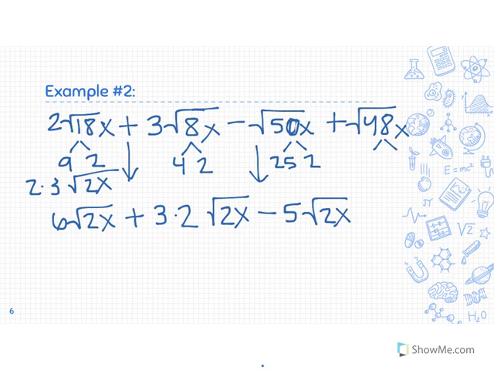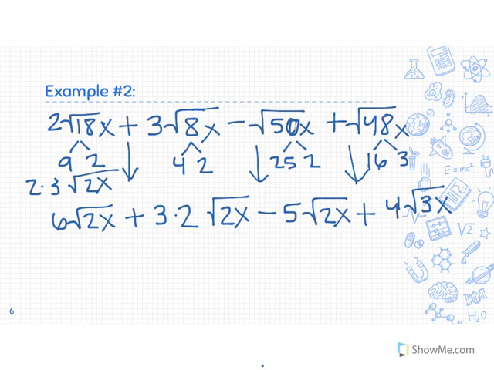And then I'm going to bring down my plus sign, and I'm going to break down my 48, and I see that the perfect square here is 16, and I'm left with 3. So the perfect square of 16, again, if you guys do not see that, you are welcome to use your tree factoring, going all the way down to those prime numbers and circling the groups. So I still have a 4 out in front of here. That 3 does not get to go out, and neither does the x.